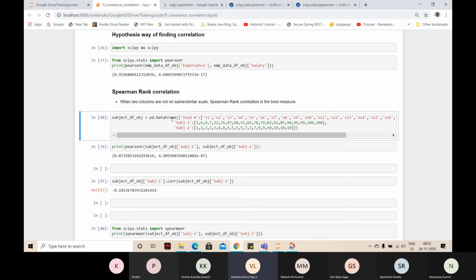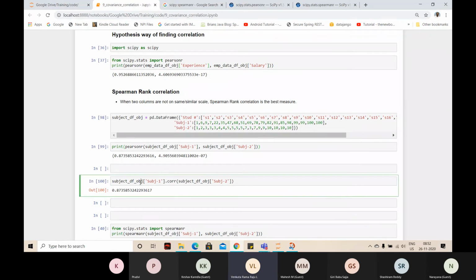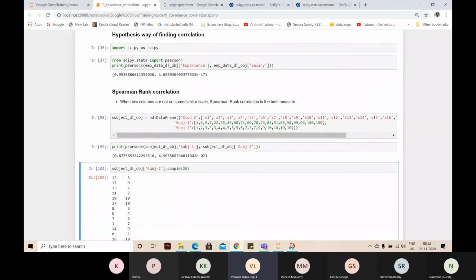Okay, I changed the object there. We got 87, but I do sample here. This is at random; at random I'm trying to pick and choose and see whether the correlation is there or not. This is not changing, I think. Maybe inplace true. Let me see. It is not changing.